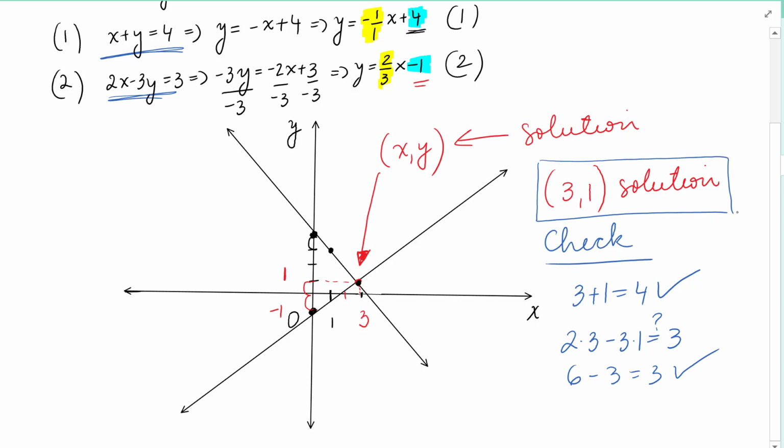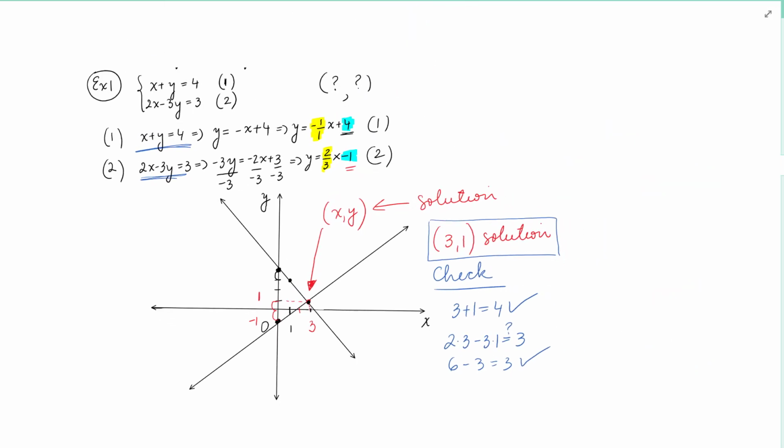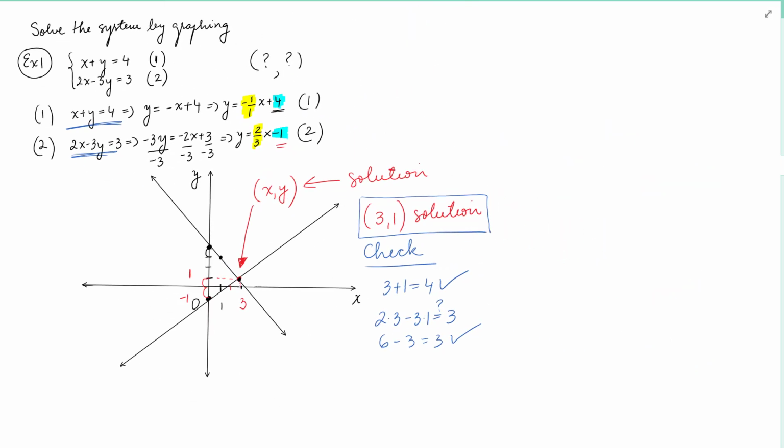Now, the graphing method is good to visualize what it means to find the solution of a system by graphing. But the downside of solving the system by graphing is that it's not that precise.